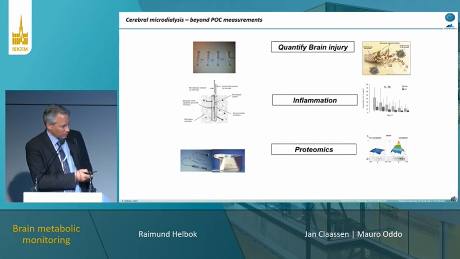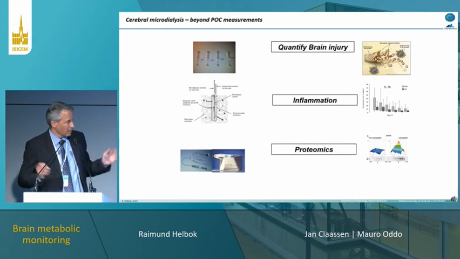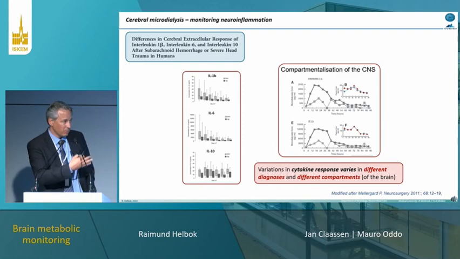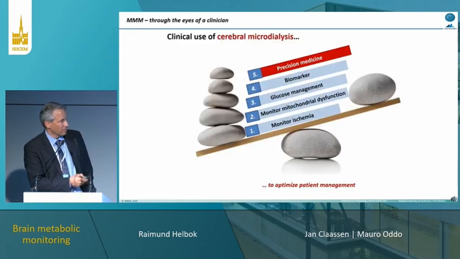We can measure proteomics, and this field is actually wide open. If we compare serum levels to levels directly derived from the brain tissue, we get different information, which supports the idea that the brain is a separate compartment. Whatever we derive from the blood can be helpful in prognostication, but maybe not for the treatment decision.